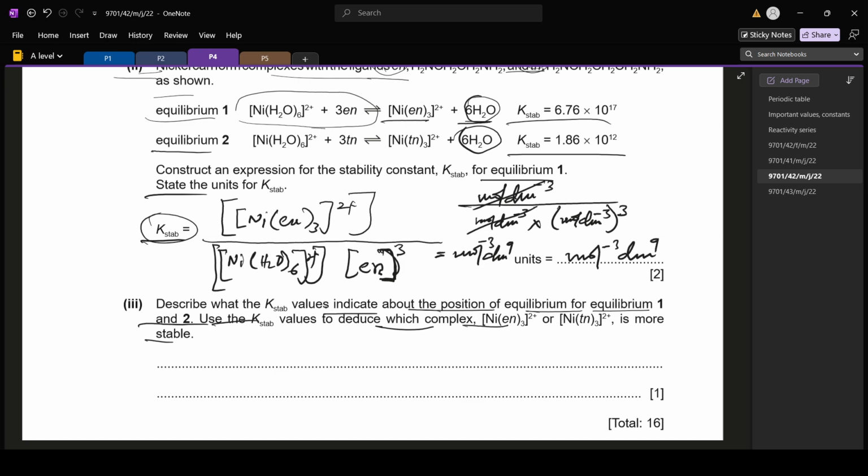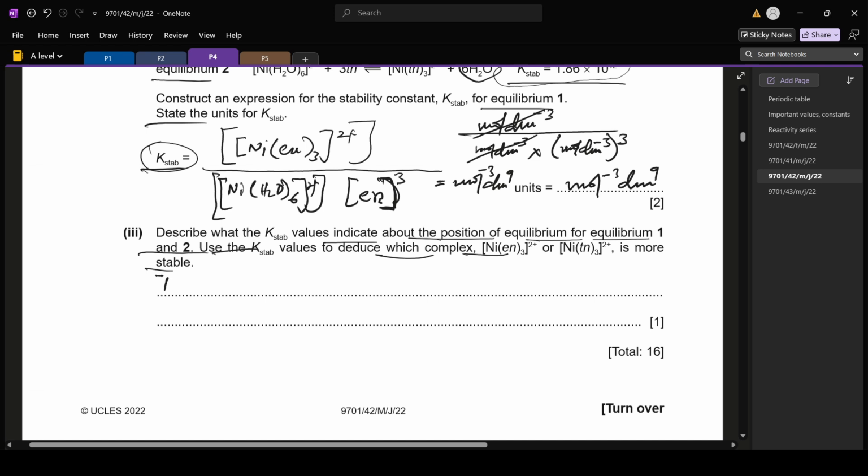The complex with En has the greater K stability value, so this is going to be more stable. And these values are highly positive, so this shows that the equilibrium lies to the side of the products.